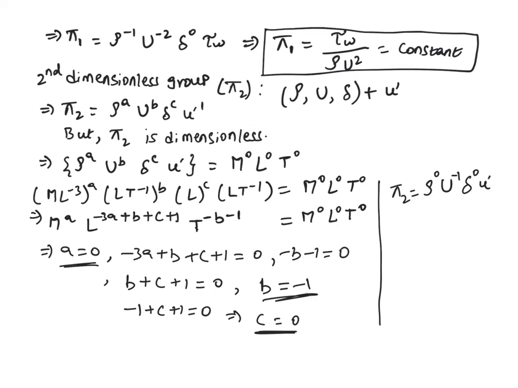So this particular group can be rewritten as pi 2 is equals to u prime upon u is equals to constant. And this is our second dimensionless group that has been created.